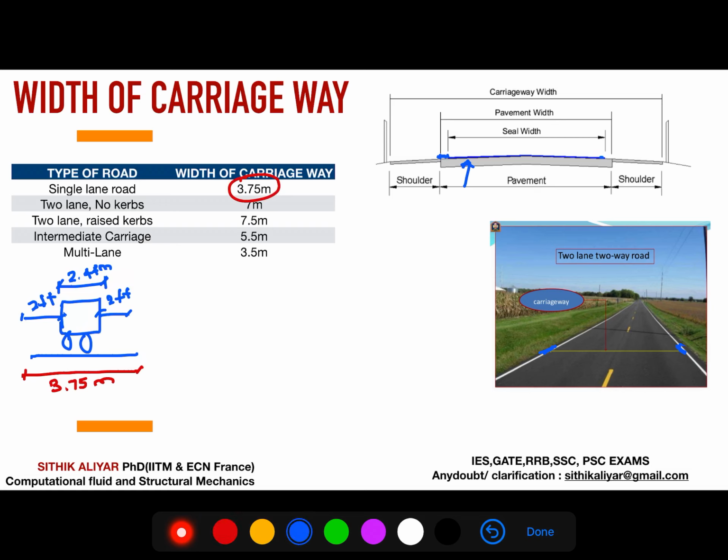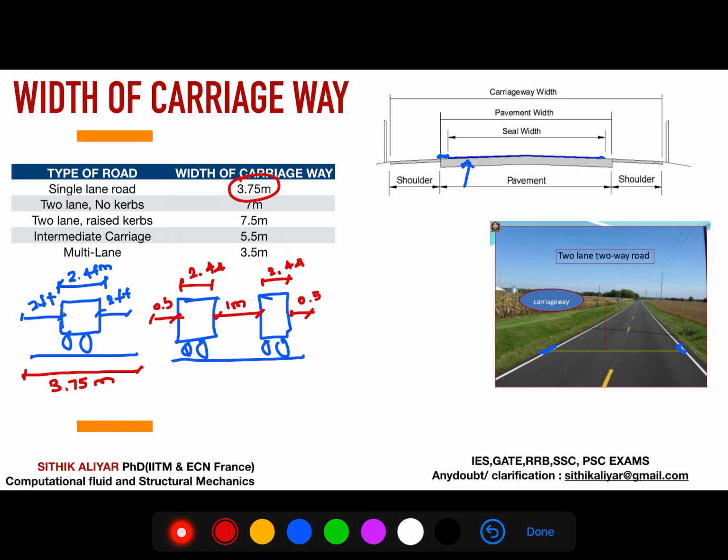Similarly, if you take a double lane road, there are 2 vehicles side by side, and as per IRC this is 2.44 and this is 2.44, with a clearance of 1 meter between the vehicles. This side 0.5 meter and this side 0.5 meter will give you approximately 7 meter. There is something called curbs that we will see in 2 or 3 slides.